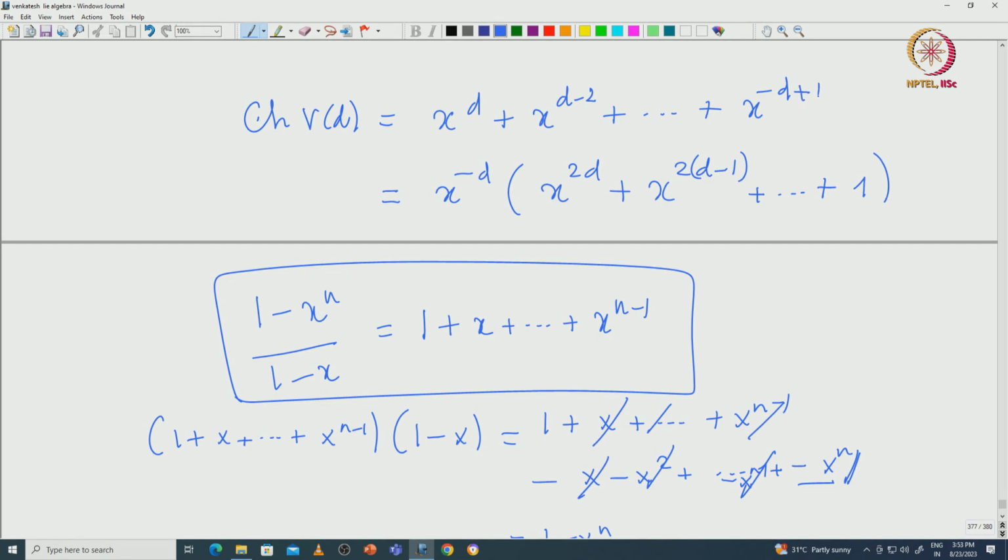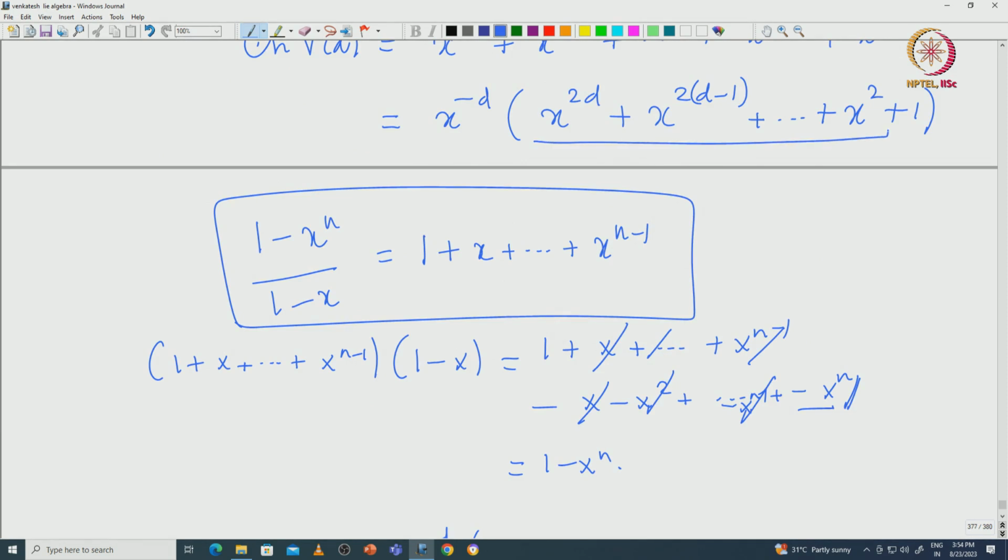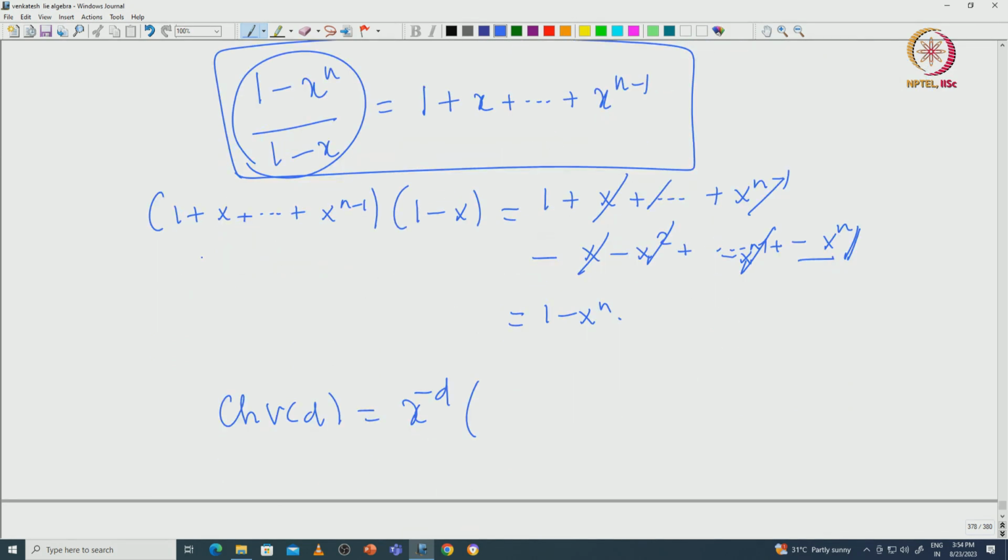Taking out x power minus d, you get 1 plus x squared plus etc. Using this simple calculation, the character of V_d is x power minus d times 1 plus y plus etc. plus y power d, which you can replace with 1 minus x squared power d plus 1 divided by 1 minus x squared.